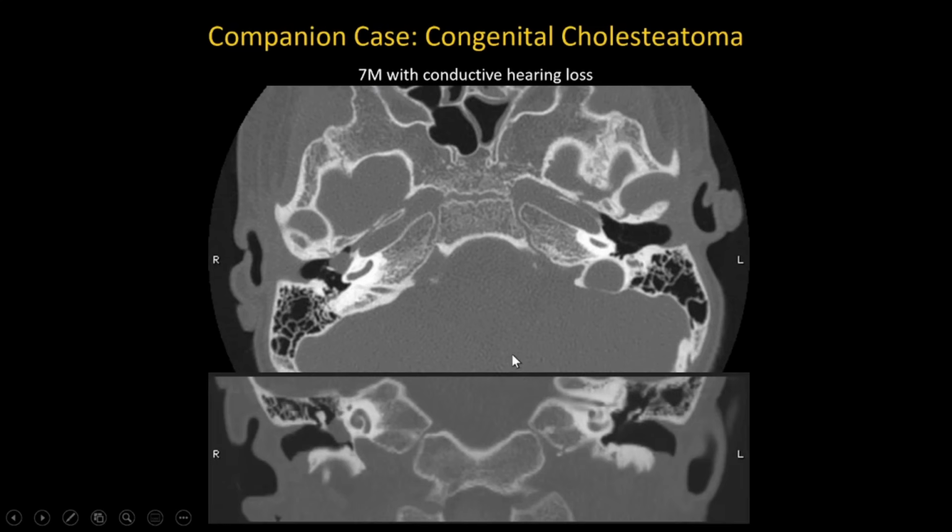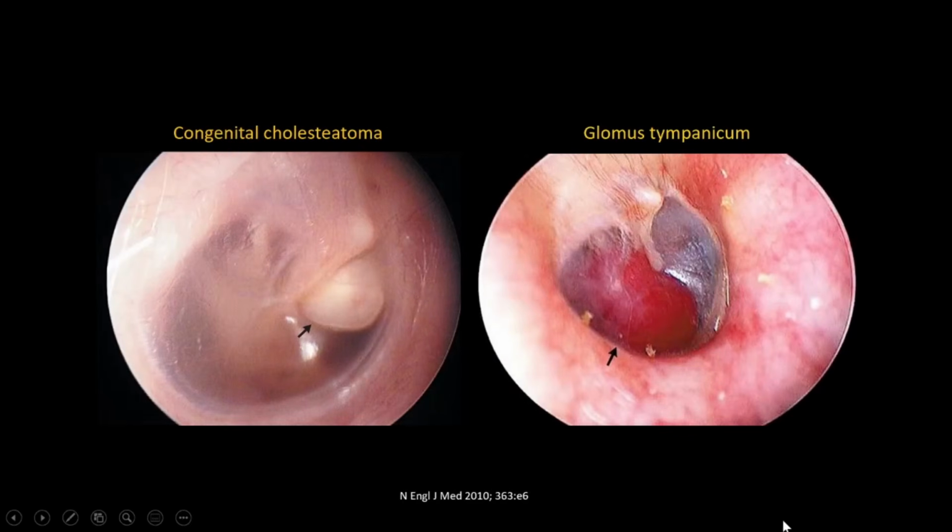And when you give contrast, which I don't have images to show you, this lesion does not enhance. If you do MRI with a diffusion weighted sequence, this lesion shows restricted diffusion. So this is congenital cholesteatoma. Also, it basically is the same as epidermoid.